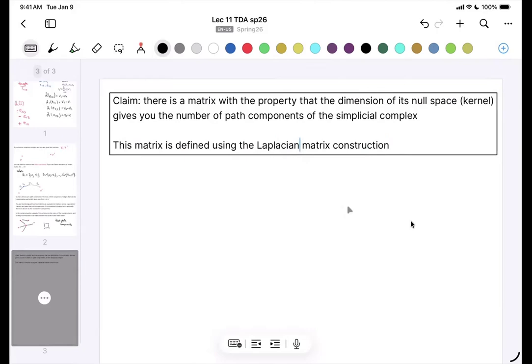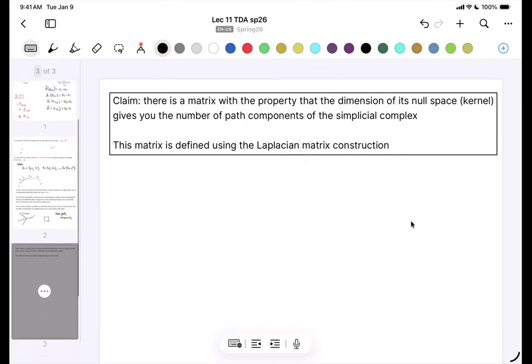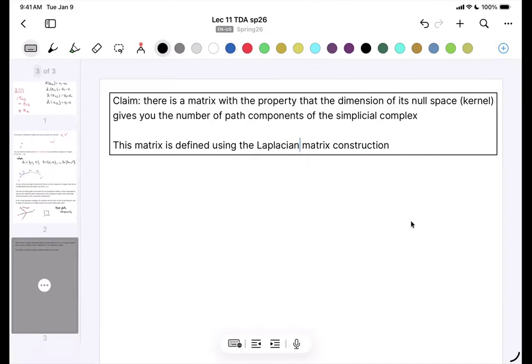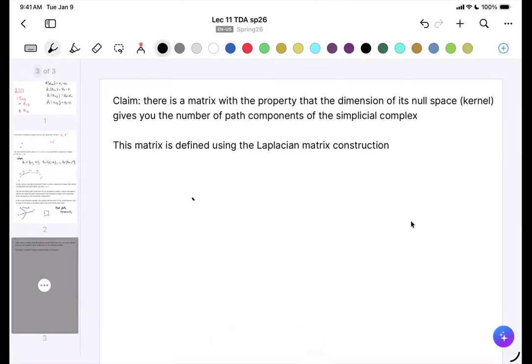Okay, so just to go back to what we had, when you have the complex, you have a vector space. One of the vector spaces, the one-dimensional one, has a dimension equal to the number of edges. So let me write it like this.